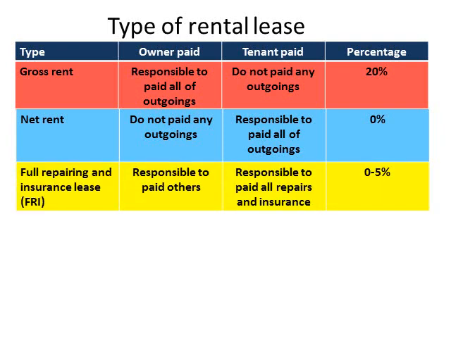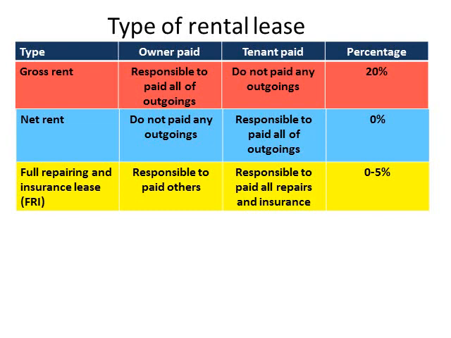So the next type is the full repairing and insurance lease, FRI. Here, the tenant is responsible to pay all repairs and insurance. Others will be paid by the owner.